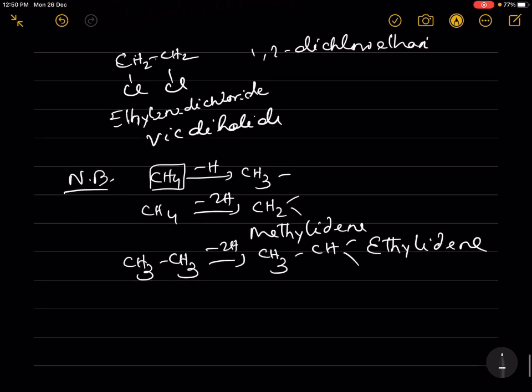Methylidene, ethylidene. Sometimes methylidene is also known as methylene.